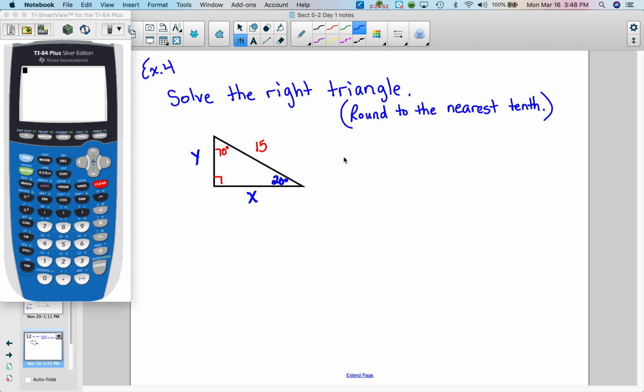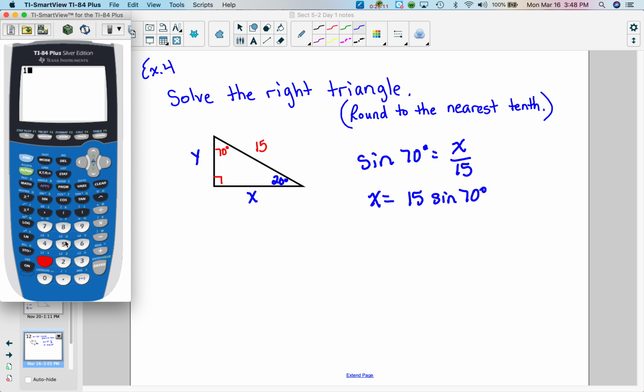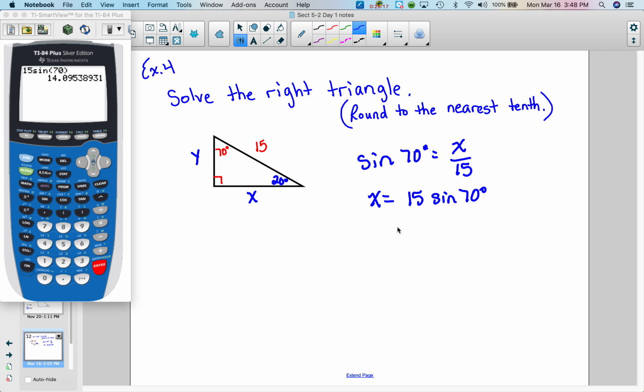And then obviously I wouldn't want to use tangent. I'm going to use sine and say that sine 70 degrees equals x over 15. So then x is 15 sine 70. So 15 sine 70, we get x is approximately 14.1.